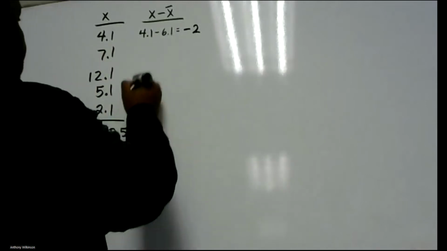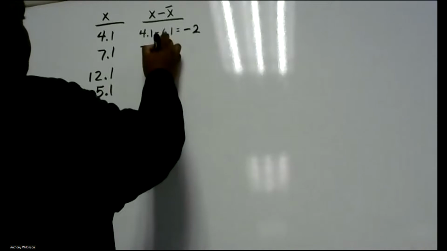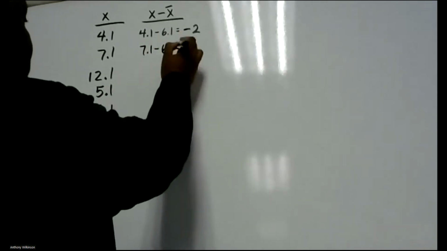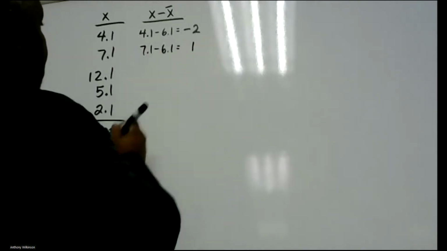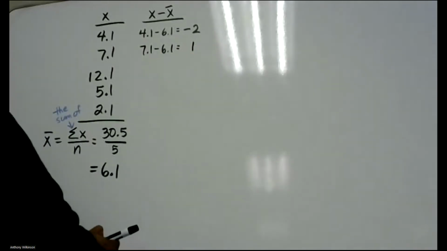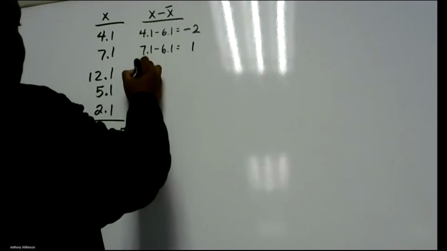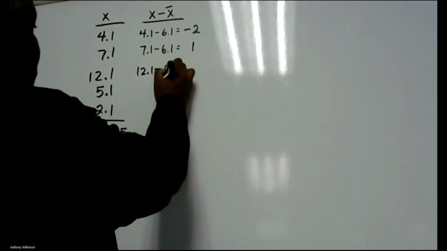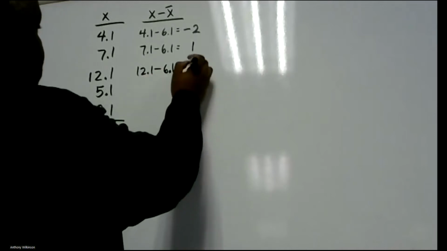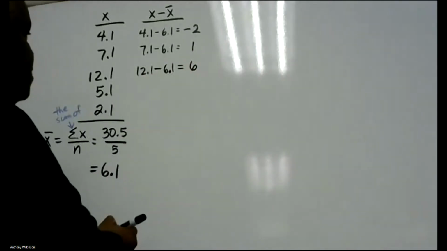And then 7.1 minus 6.1 will be 1. Then 12.1 minus a mean of 6.1 will be 6.